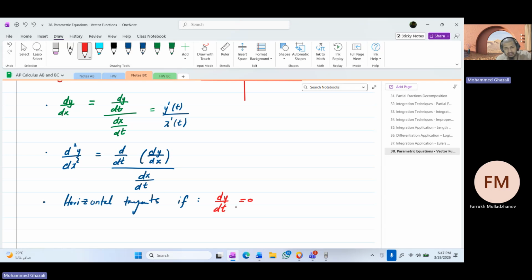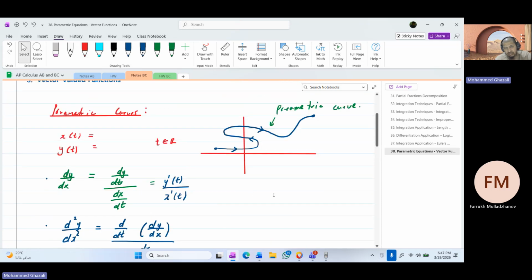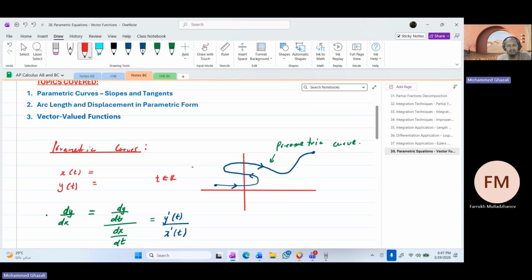We get horizontal tangents when dy dt is equal to 0 and making sure that dx dt is not 0. Where will we get horizontal tangents? Maybe you are looking at this graph here and you find a horizontal tangent here. Can you see? This is a point where dy dt is equal to 0.